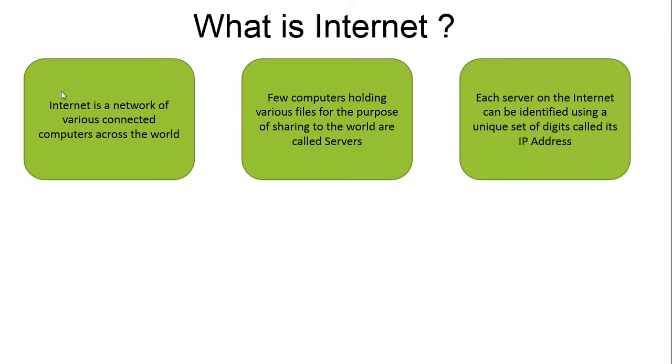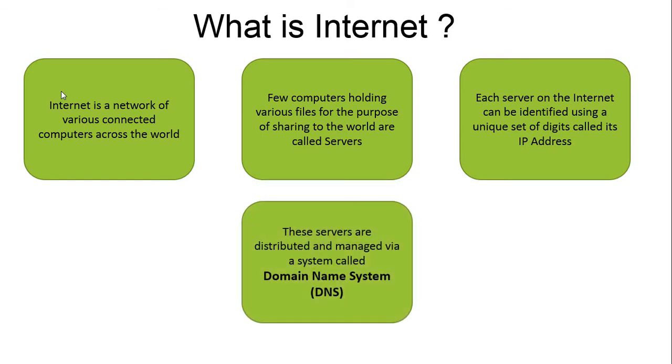But this does not mean that every computer on the internet can be uniquely identified using an IP address. Probably your computer and your friend's computer, which are connected to a common network, share a common IP address. But when we talk of servers which are meant to share the files with the world, their IP address is constant, or in other words, it is made to remain constant.